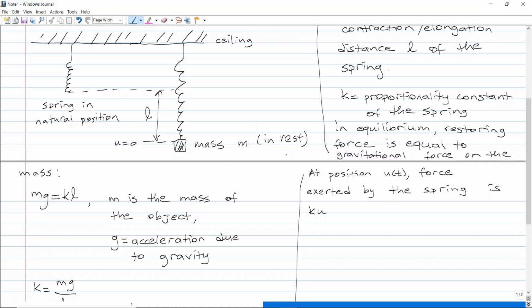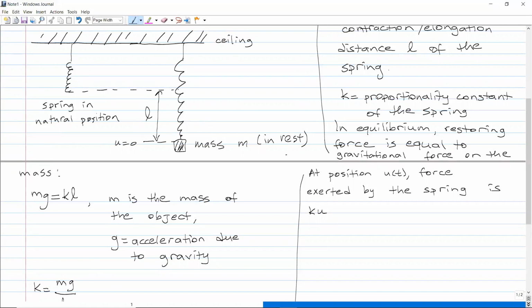And if the object is lower than this position, then we only consider the force exerted on the object by this change of distance, just u. We don't consider the amount L, because L is the elongation when the mass is at equilibrium, and that force is equal to the gravitational force.